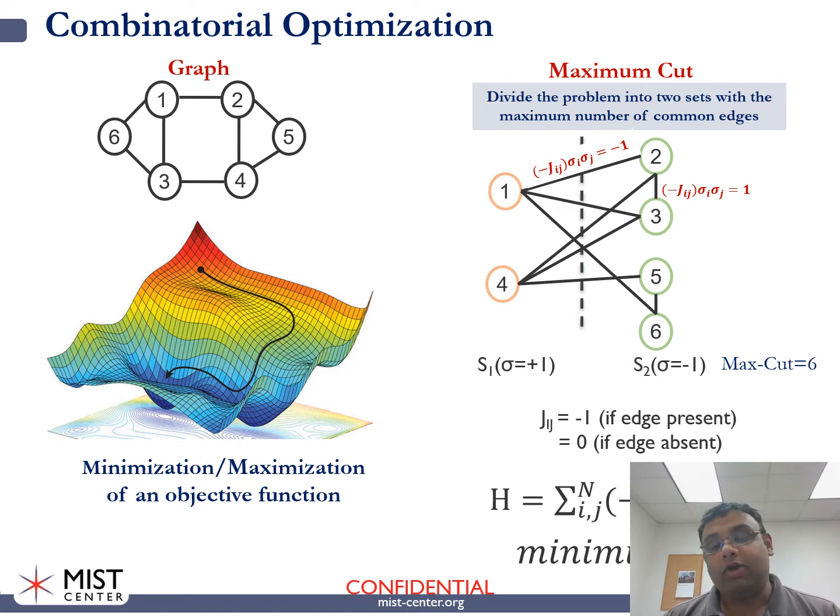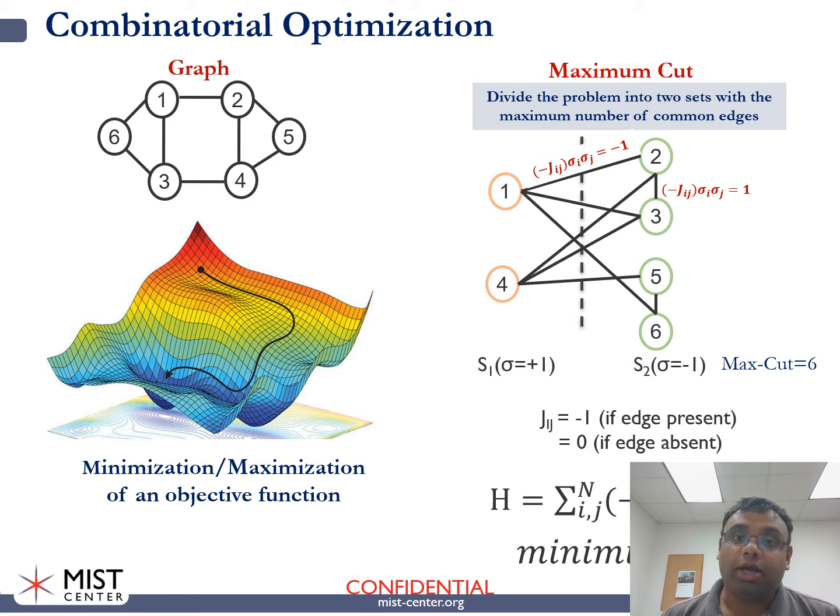Now, if you work this problem out, you can specify that if an edge is a common edge, or in other words, it crosses the partition, then the value of the term J_ij sigma_i sigma_j would be -1. And if it is an edge that lies exclusively in one of the sets, then that term becomes +1.